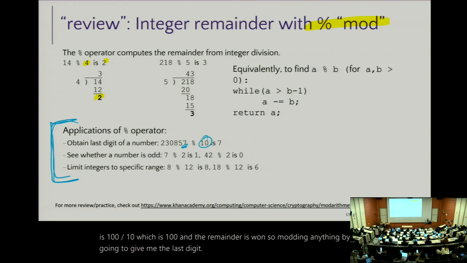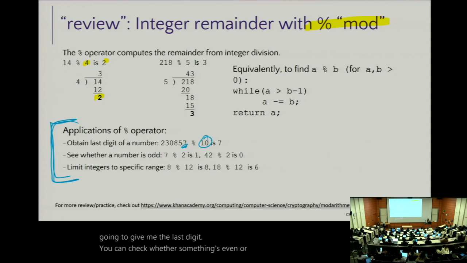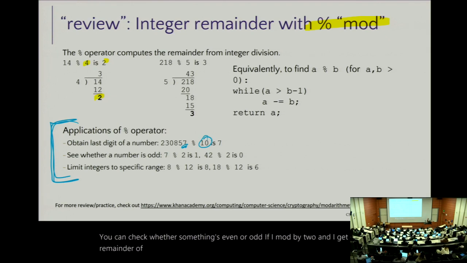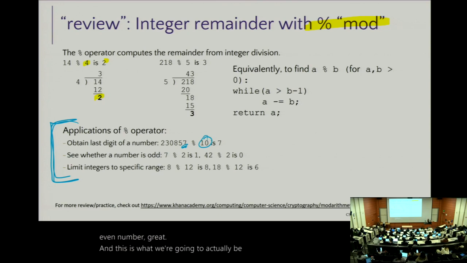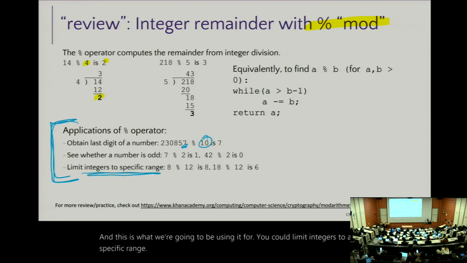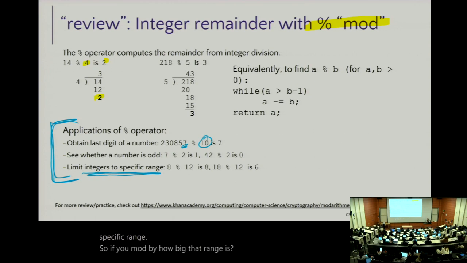You can check whether something's even or odd. If I mod by 2 and I get a remainder of 0, that means that number is perfectly divisible by 2. It's an even number. Great. Or, and this is what we're going to actually be using it for, you could limit integers to a specific range. If you mod by how big that range is, it will find you a remainder that is some number that fits in that range.